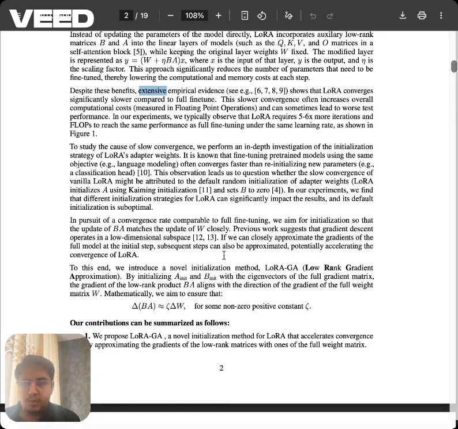And moving on, they propose a novel initialization method, which is something we've not discussed yet, so that the delta of BA is similar to the delta of W for some positive constant C. I feel like that is a fairly well aligned direction for where they want to take this. This is basically what they're proposing for their new method.